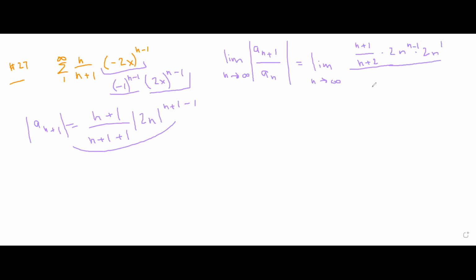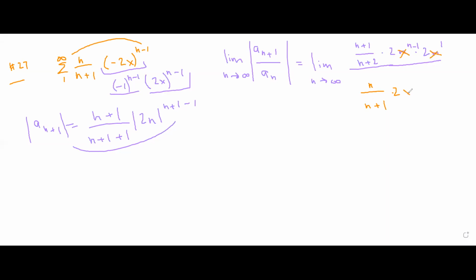So now I write down the actual nth term. That would be n over n plus 1 times, and I just copy in this term, which is in brown, without the minus sign. So it would be 2 times x. I should put x, I should be careful, x here and x here.